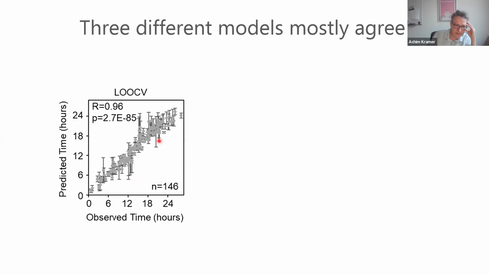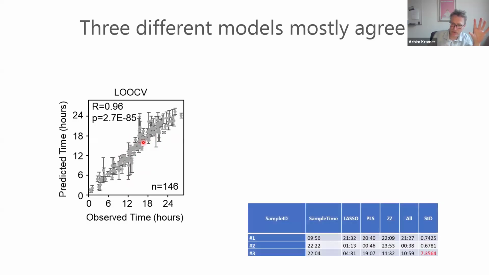But when you look at this, you also notice these error bars, and we put error bars on the dots to show that we have 3 different predicting algorithms.